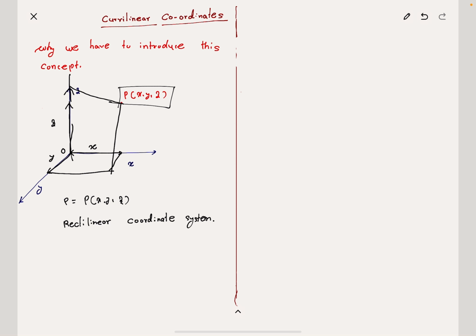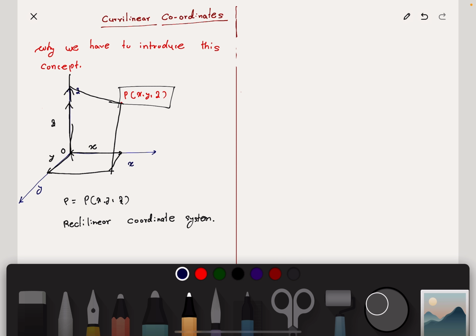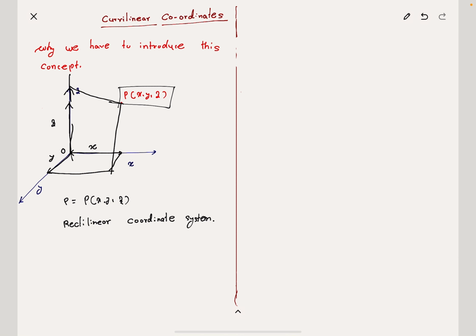Followed by this system, we have another system called polar coordinate system.